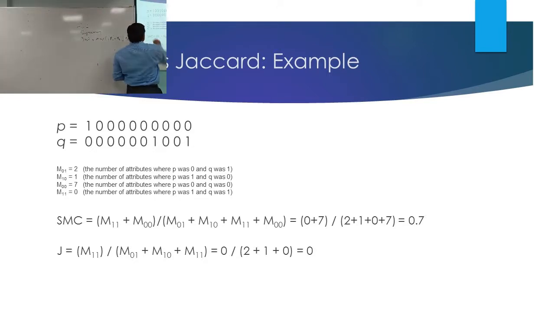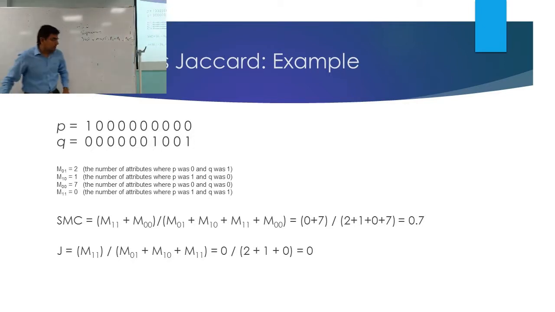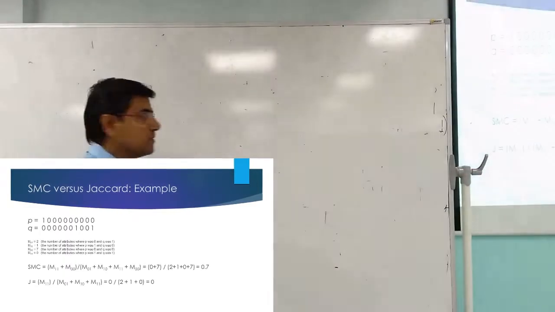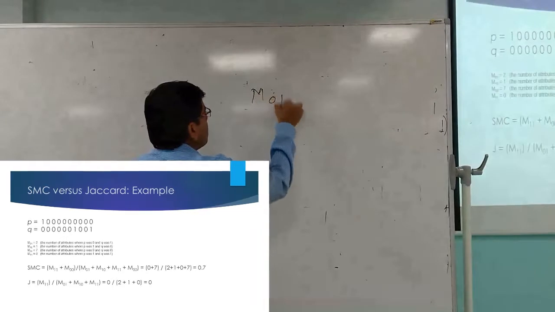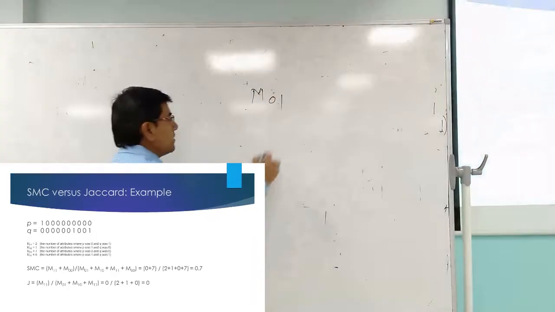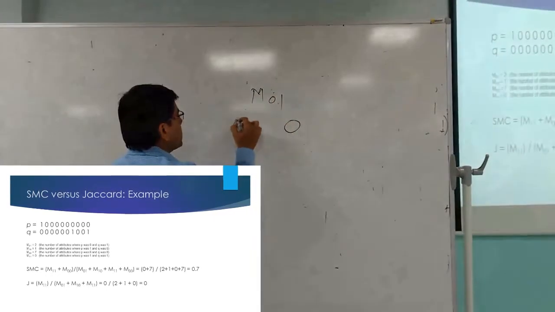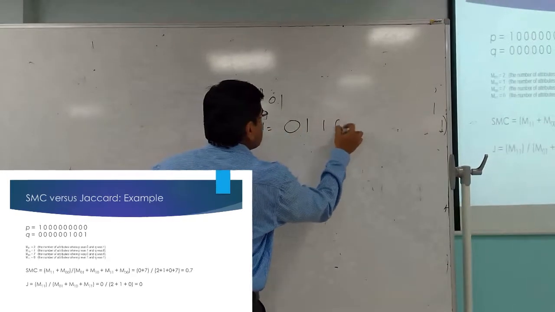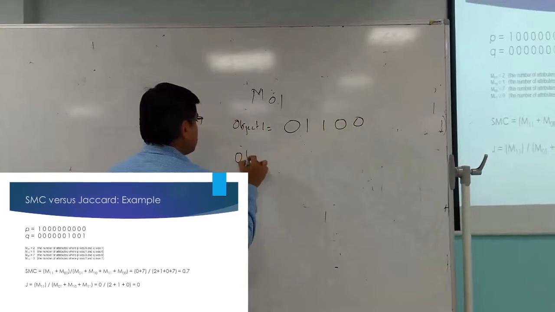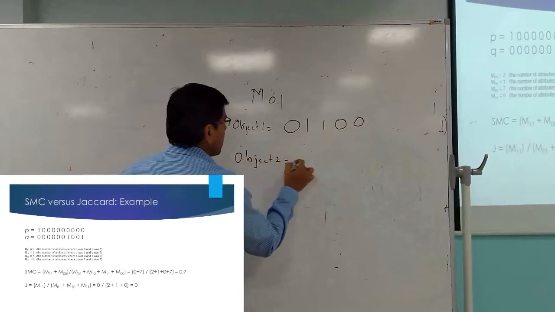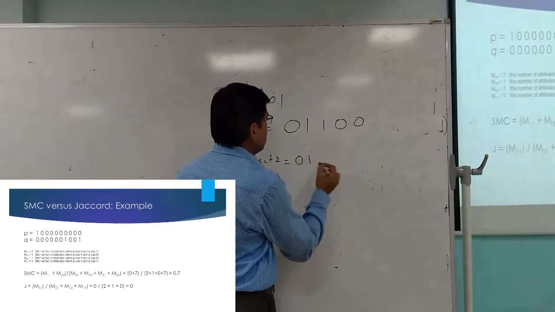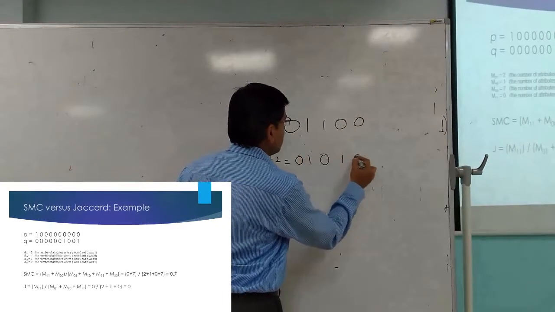Let's take an example here, it is easier. Observe M01: how many times was there 0 in object 1 and 1 in object 2? Suppose object 1 is 0 1 1 0 0, and object 2 is 0 1 0 1 0.